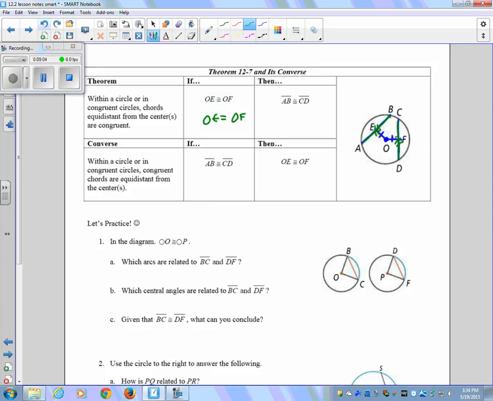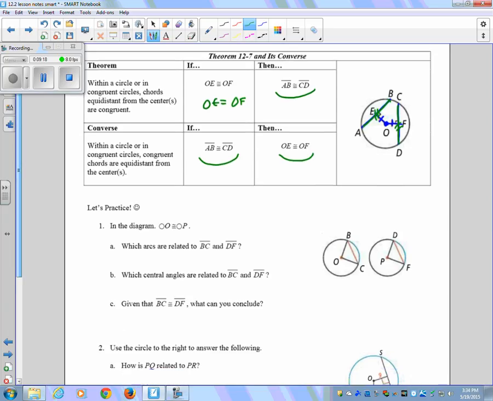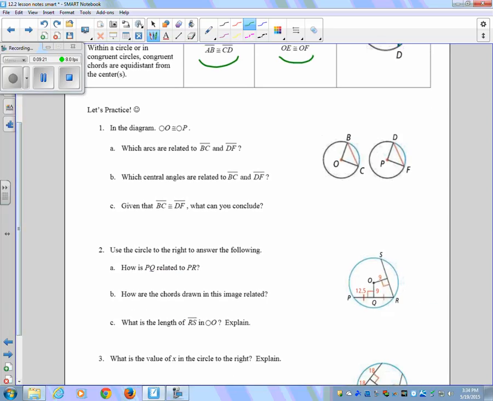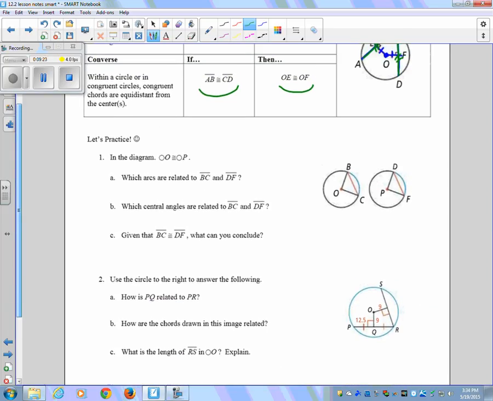If the two distances are equal, then the chords are congruent. And vice versa, the converse: if the chords are congruent, then they are the same distance from the center of the circle. Okay, we'll practice a few of these, but I've got more theorems to teach you.